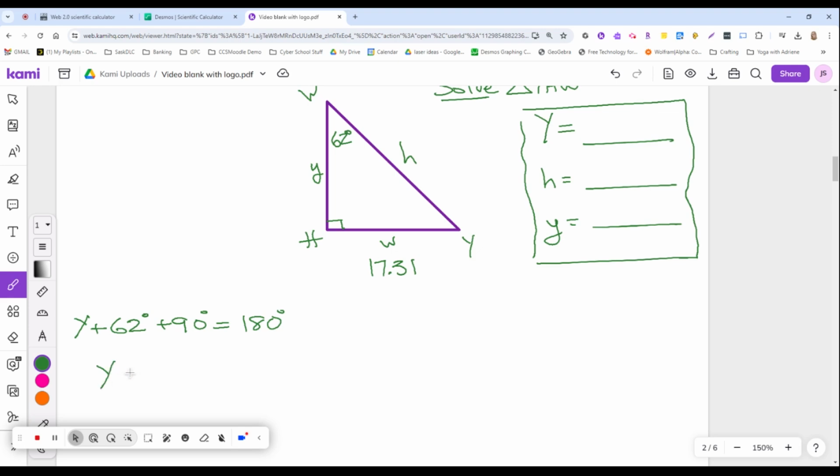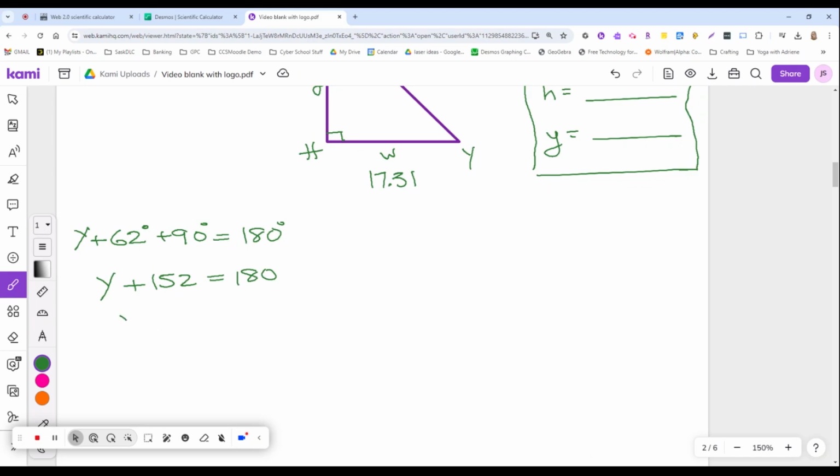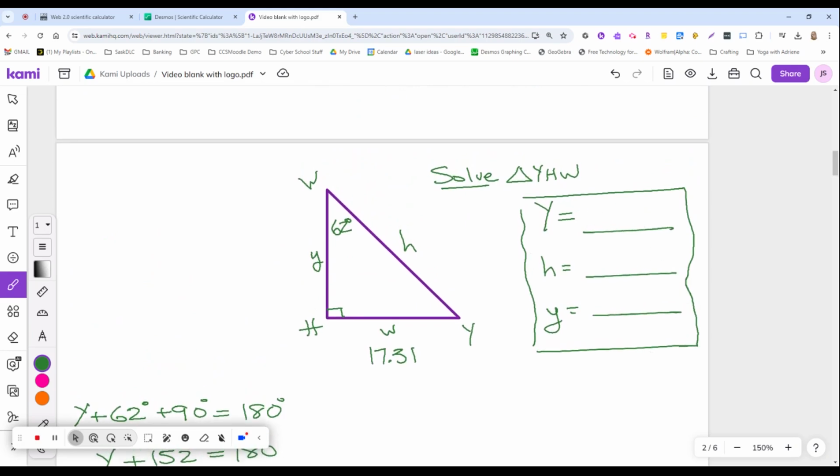In other words, angle Y plus 152 is 180, and now it's a single stepper, and I subtract, and I find out that angle Y is 28 degrees. And I pop up over here and I go, yay, I've got one of the things done that I need in this question.